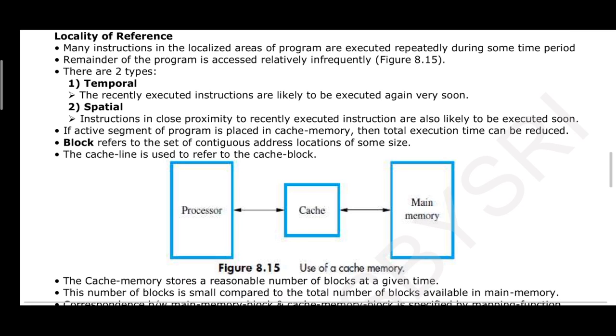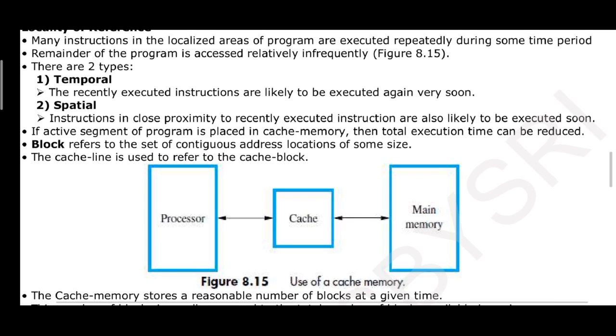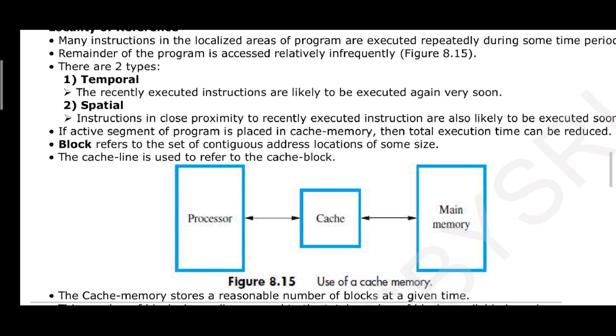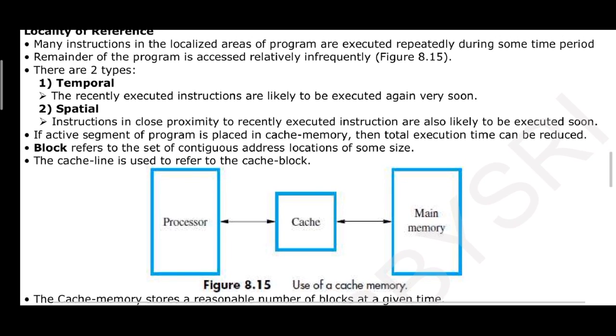It works on the principle of temporal locality or spatial locality. What is temporal locality? Recently executed instructions are likely to be executed again very soon. That's why cache stores recently used data. Spatial means instructions in close proximity to recently executed instructions are also likely to be executed.